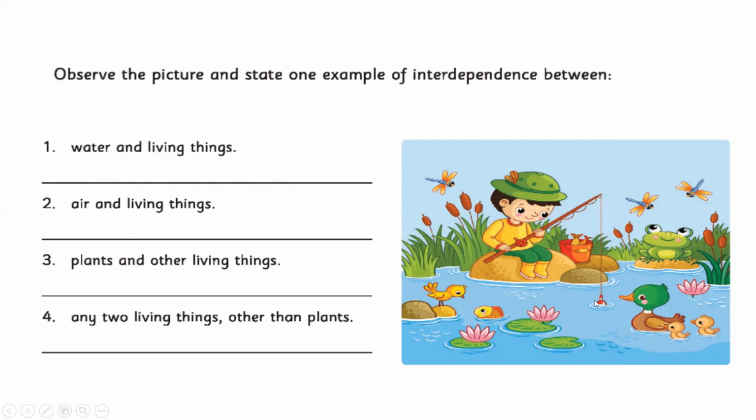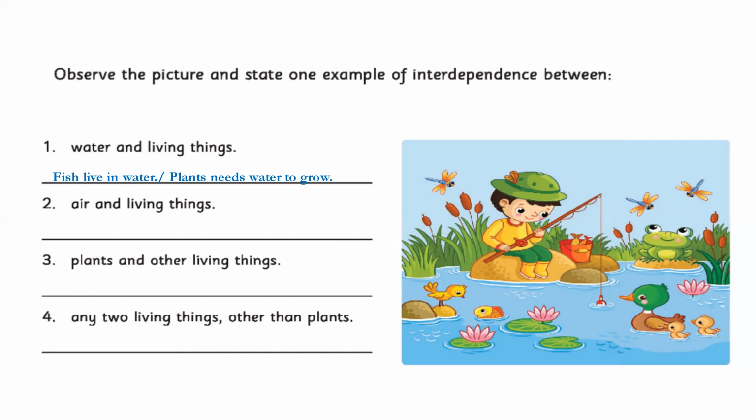The water is home to some birds, ducks and fishes. So fish live in water, and plants need water to grow. That is the answer. Fish live in water and plants need water to grow.